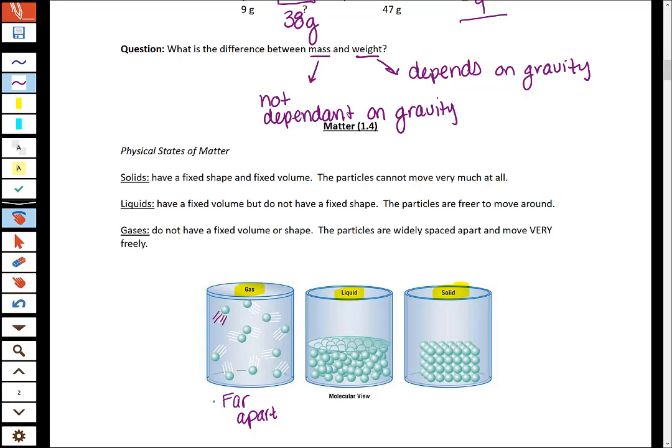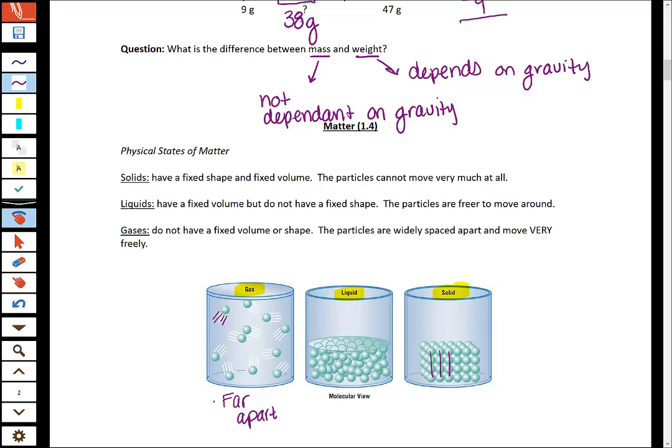Your liquids, on the other hand, have molecules that are much closer together, or atoms that are much closer together. And they are not ordered, right?